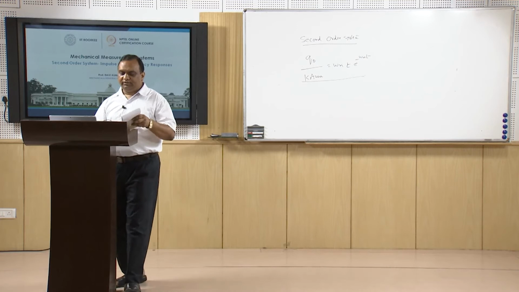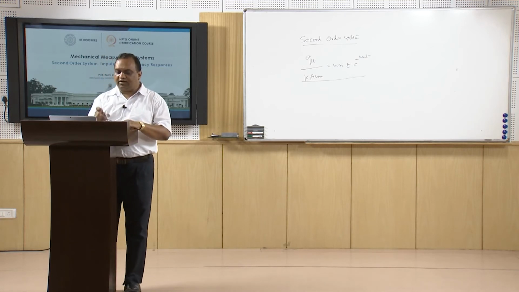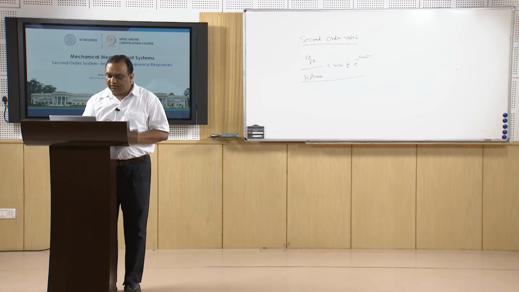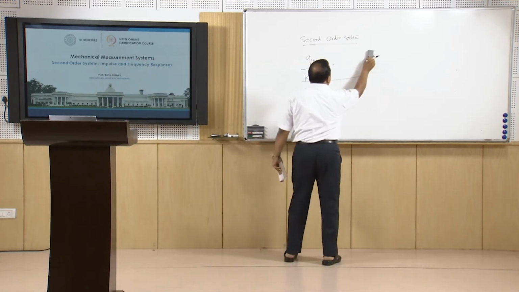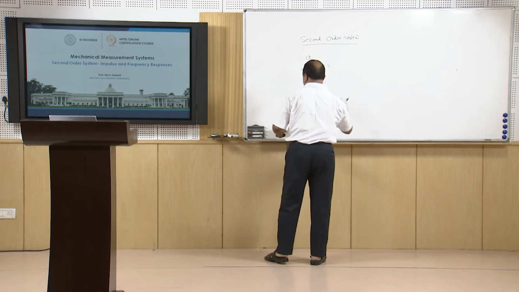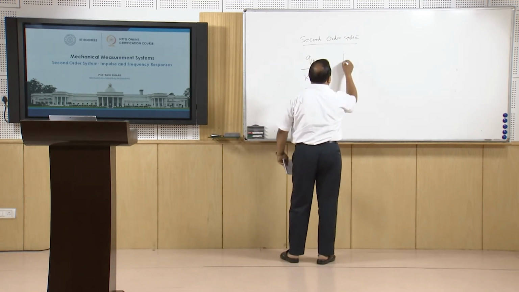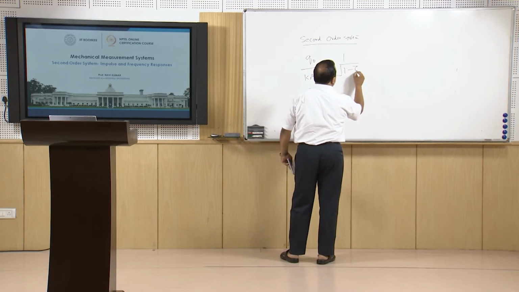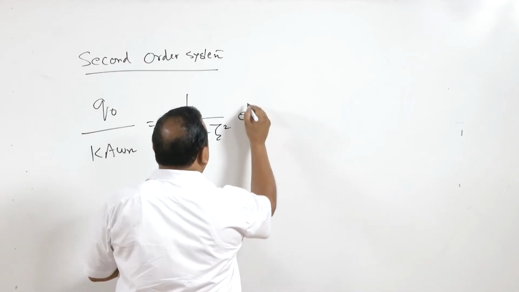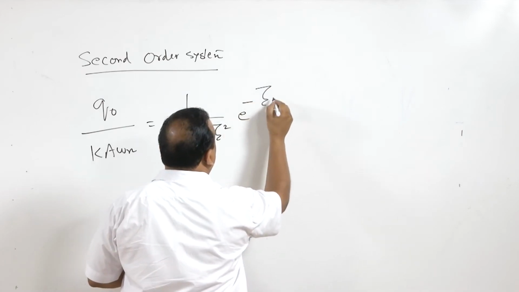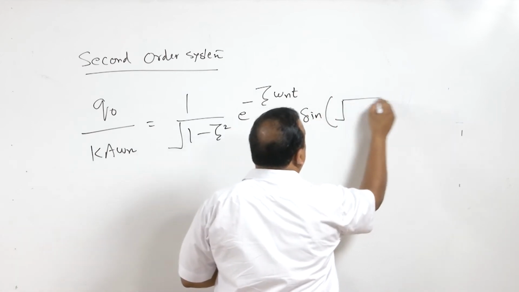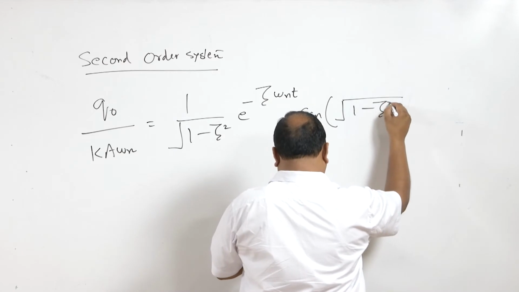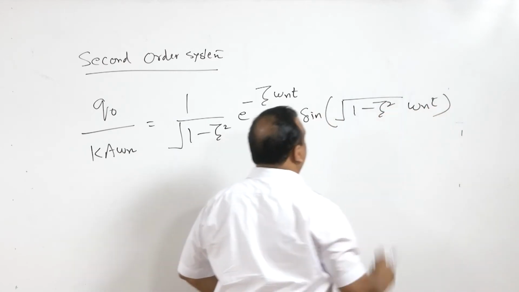And similarly, with the available boundary conditions, we can derive the equation for underdamped system also. For underdamped system, this equation is going to get modified as √(1 minus zeta square) e raised to power minus zeta omega n t sine under √(1 minus zeta square) omega n t.